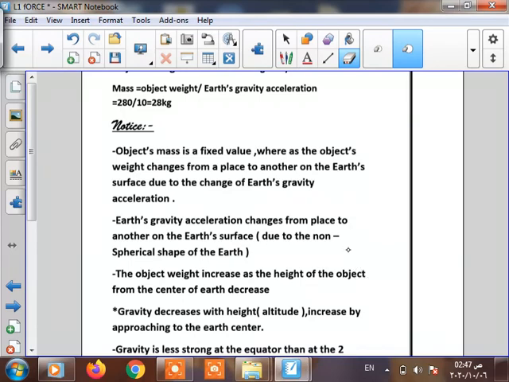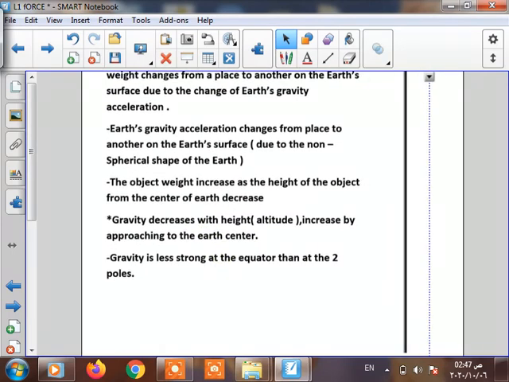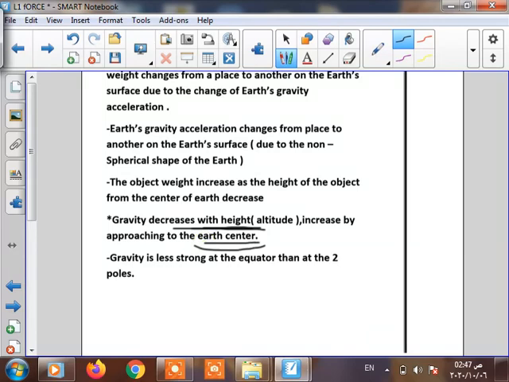So the object weight increases as the height of the object from the center of the Earth decreases. So the gravity decreases when the height increases and increases by approaching the Earth's center. So the gravity is weaker at the equator than at the two poles. Thank you.